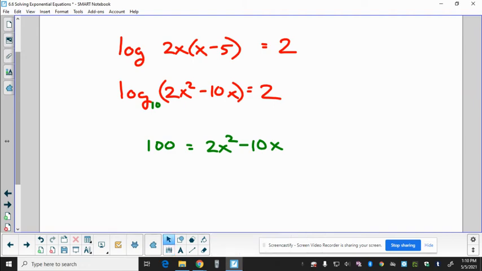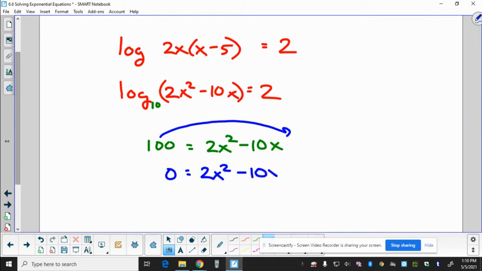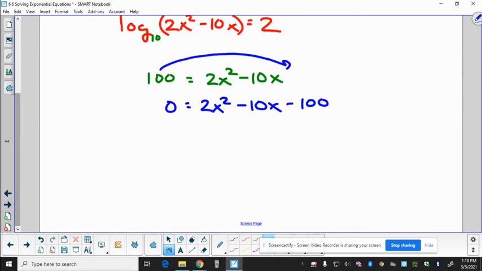So I think what I would do at this point is, notice this is quadratic. And now we can try to solve it. I think what I might do is divide everything by a 2. So you're going to get 0 equals x squared minus 5x minus 50.